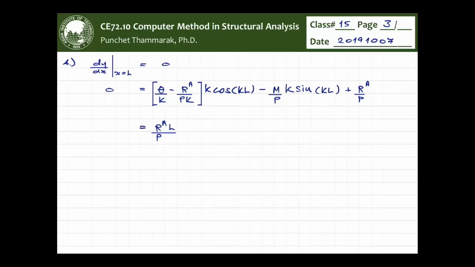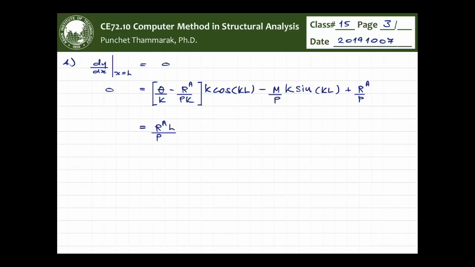This is the equation that controls the slope. Previously, we have the equation that controls the location, the deformed profile. We are going to equate these two equations in order to solve for the remaining unknowns. Remaining unknowns for now, what do we have? Theta is given. Theta will be known. So the unknowns will be just the moment and the reaction RA. So we will make use of these remaining two equations at point x equals to L.